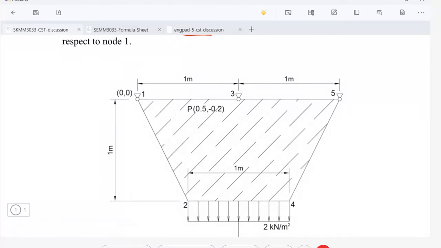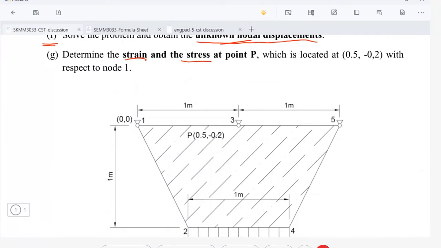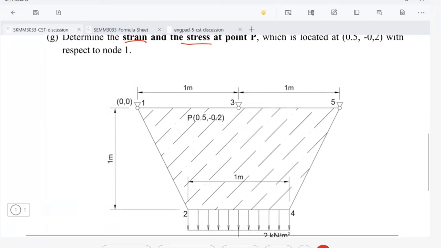Before that, let's split these into two CST triangular elements. We know that the easiest shape will be like this and this.